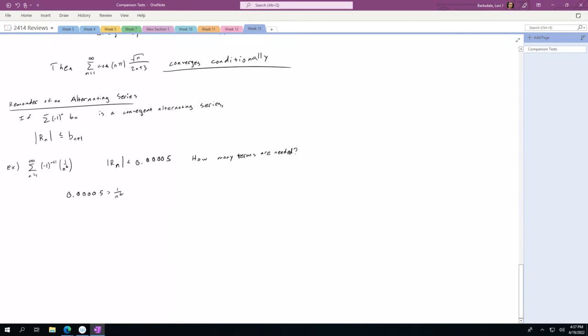So if we actually plug this into a calculator, we get that they are equal when n is about equal to 5.21, which means that at n equal to 5.21, 1 over n to the 6th is 0.00005. Now, rounding up, we get that n equal to 6, so the 6th term is smaller than the error.